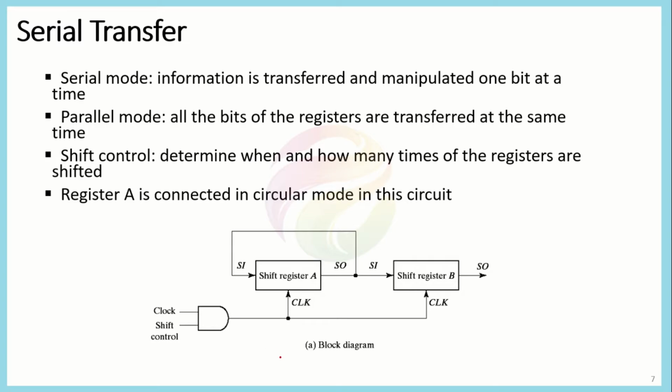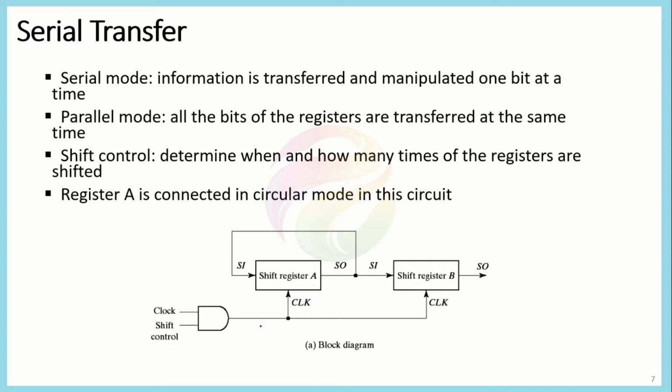For this purpose, what we do is add an extra signal along with the clock signal. We call it a kind of gated clock signal, in which we have an extra signal known as the shift control. Whenever both of them have a value of 1, only then this shift could occur. Suppose this is a shift register here, and this is also a shift register here.